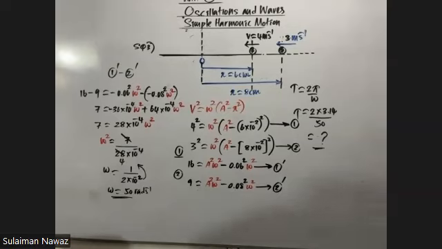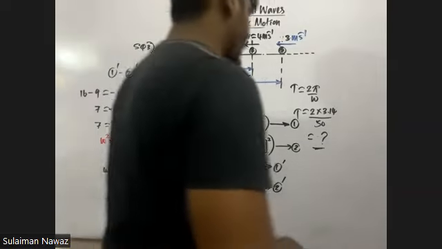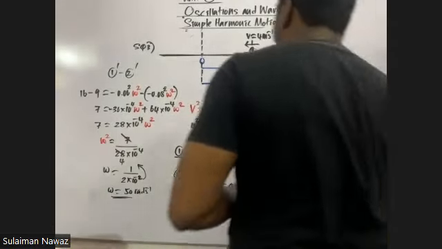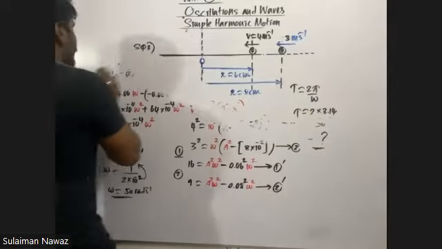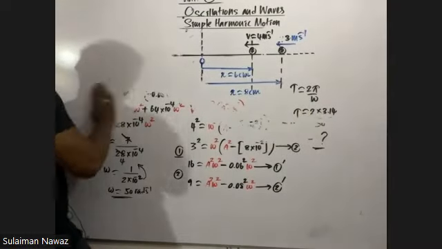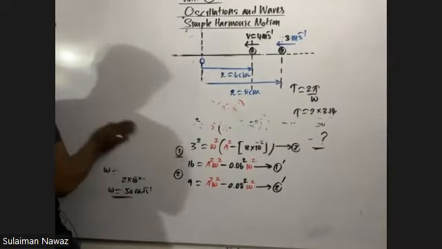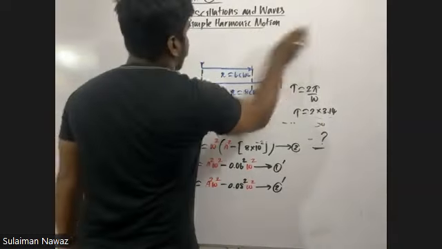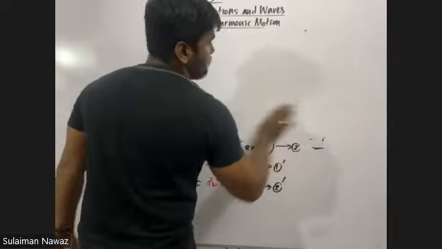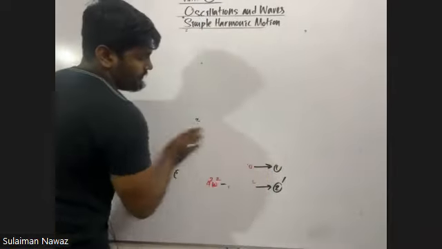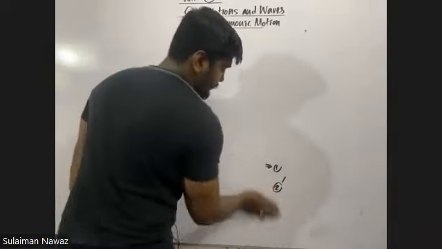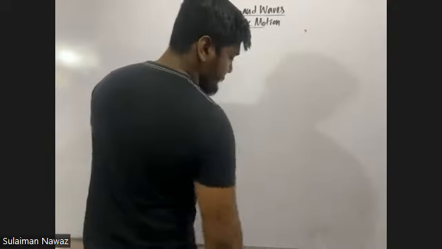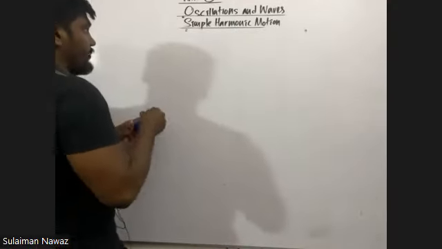Now draw the graph. Variation of acceleration with displacement in SHM. If you draw the graph, how would the graph be?